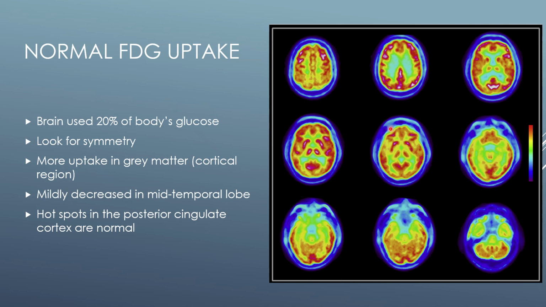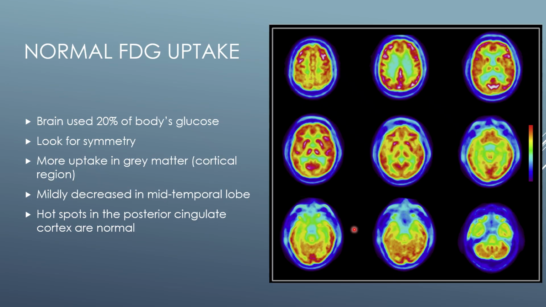And it should still be fairly symmetrical. It's really important that you have their head straight when you're looking for symmetry. Otherwise, you're looking at two different areas of the brain and trying to make them symmetric. So it's very important for symmetry that the patient is positioned properly.